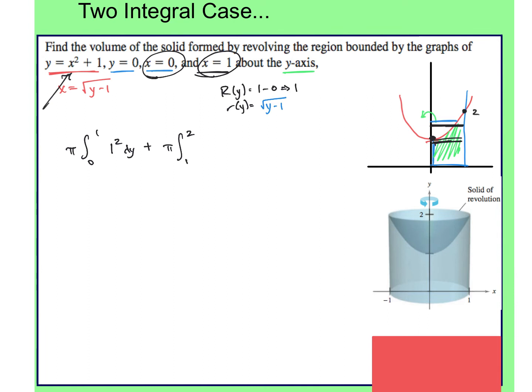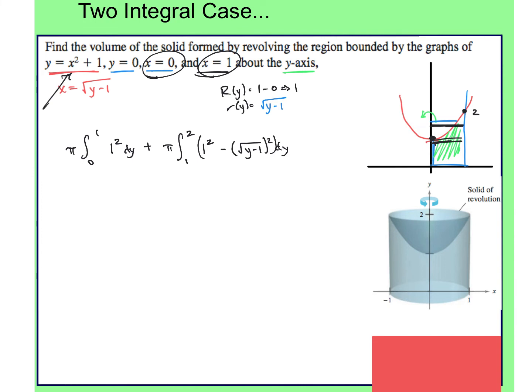If I substitute in 1, we get y equals 2. So that's why it's bounded by 1 to 2 right there. So then I'd have my big radius of 1 squared minus my little radius of square root y minus 1 squared dy. This is where I would not skip steps.